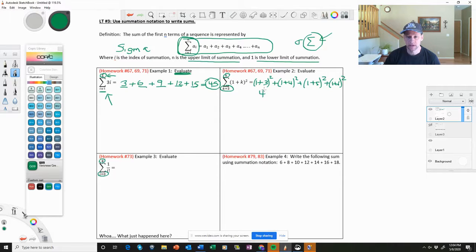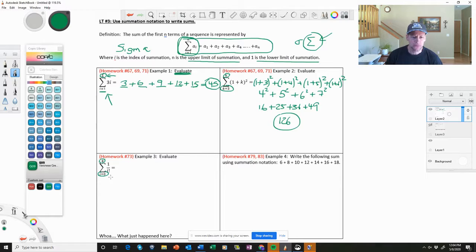So this basically means 4 squared plus 5 squared plus 6 squared plus 7 squared, also known as 16 plus 25 plus 36 plus 49, which I did earlier, equals 126. So it looks complicated, but it's really pretty simple. That's all you have to do.